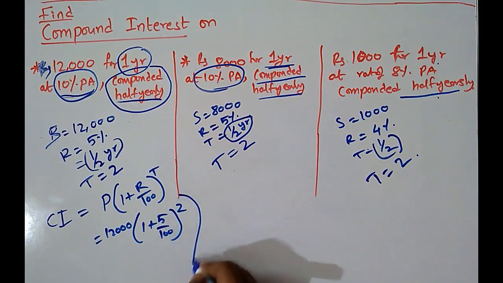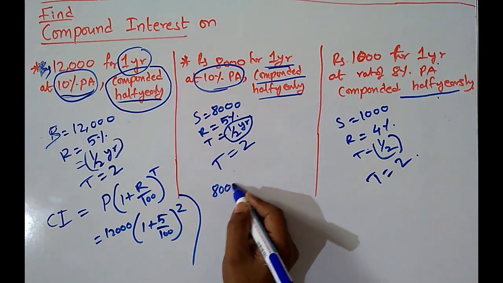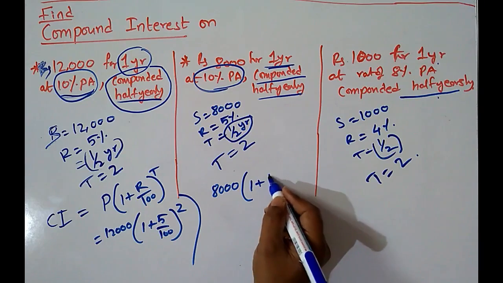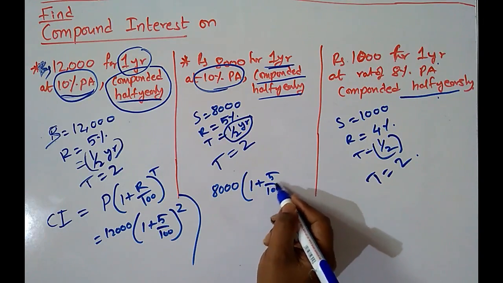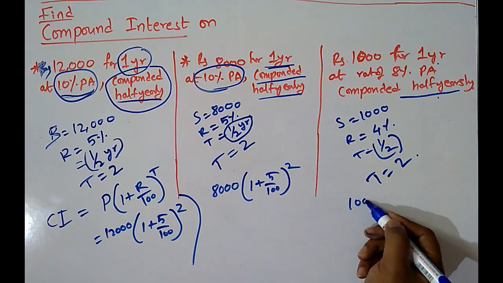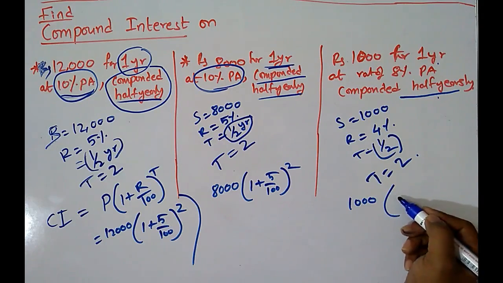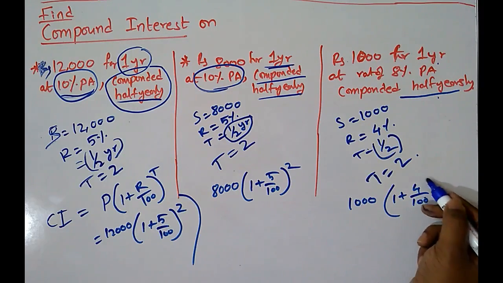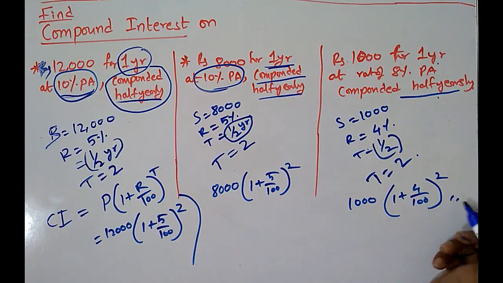The same way here you will get 8,000 into 1 plus 5 by 100 whole power 2. The same way 1000 into 1 plus 4 by 100 whole power 2.